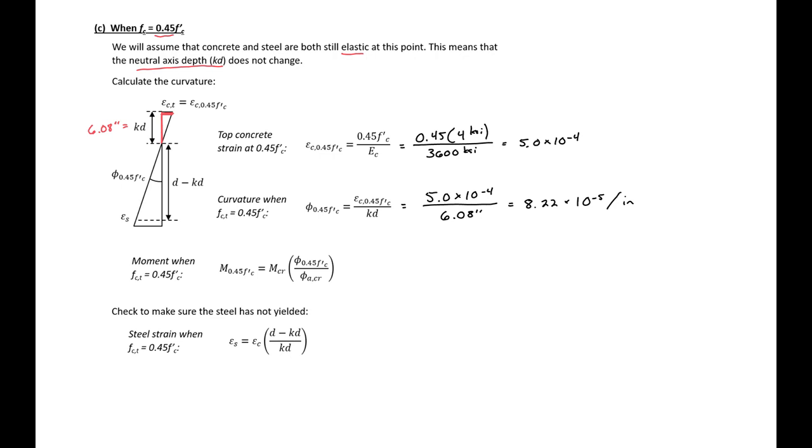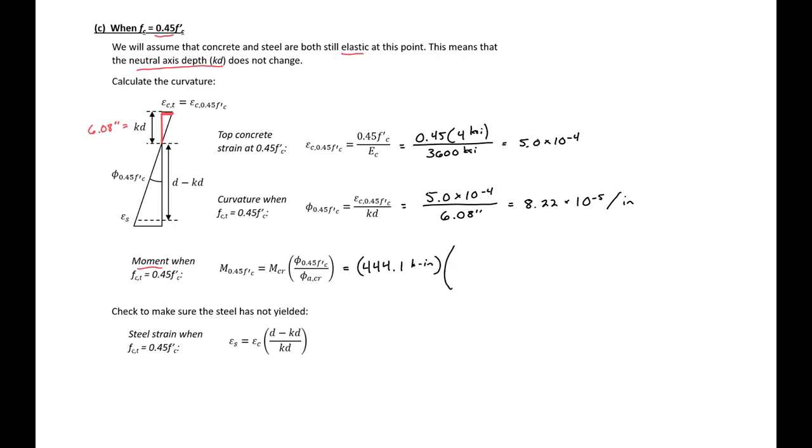We can next calculate our moment when our top concrete stress equals 0.45 f'c. And we know that we're in the linear elastic range. So we'll just use a linear interpolation between our crack point and this moment. So our cracking moment was 444.1 kip inches.